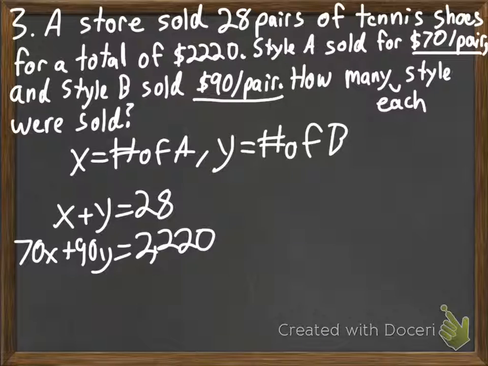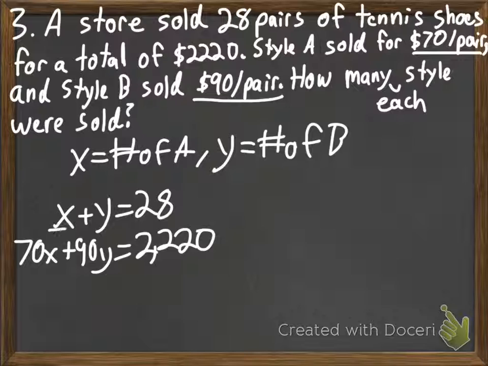So now we have our two equations. And looking at this, I probably don't want to do elimination, because that means I'm going to have to multiply this by a negative 70 or multiply it by a negative 90, and that's just a lot to do. I could graph it, but that means I'd have to mess with graphing this, and that's going to be difficult. So my best bet's probably to do substitution.